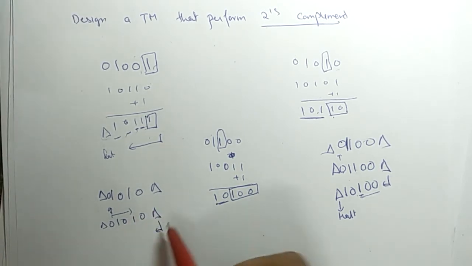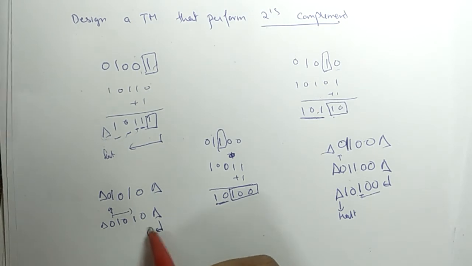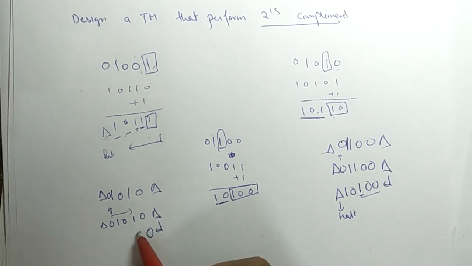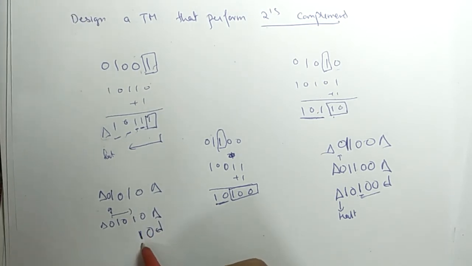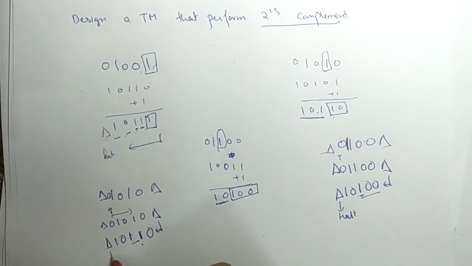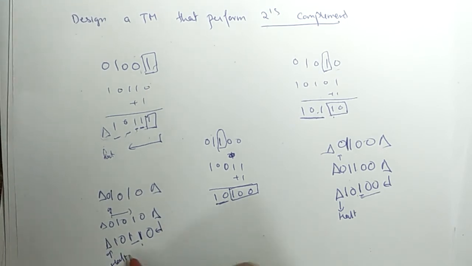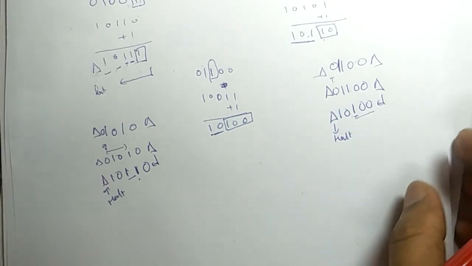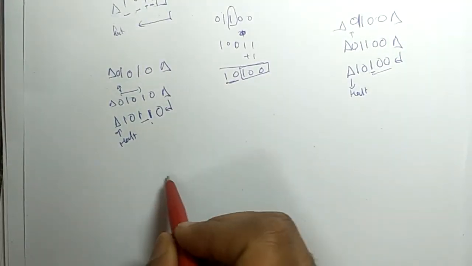From this direction we try to find the very first one, so leaving 0 as 0 and finding 1 and leaving 1 as 1, then after that 0 to 1, 1 to 0, 0 to 1, and at this blank we will halt. So the TM is very easy.